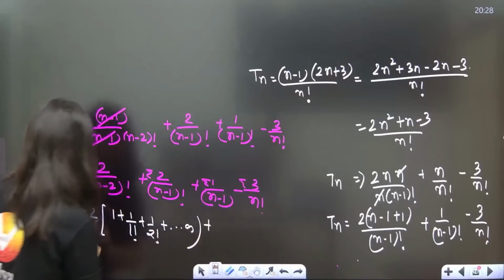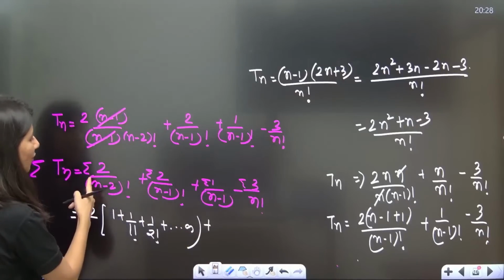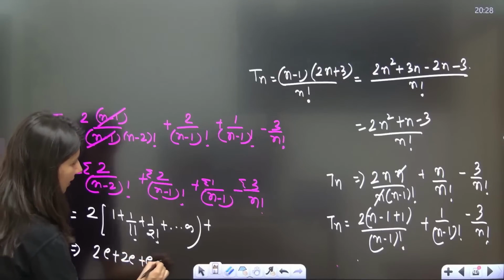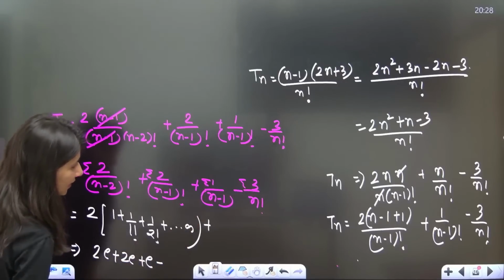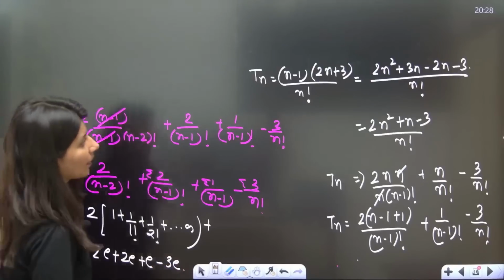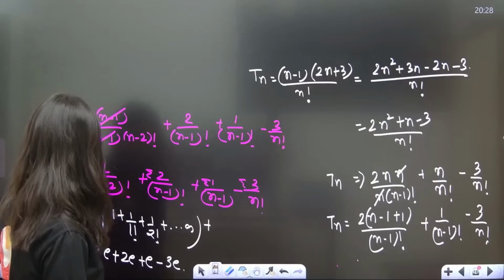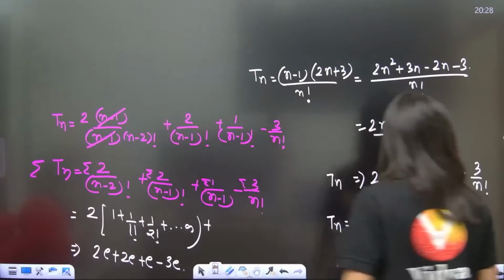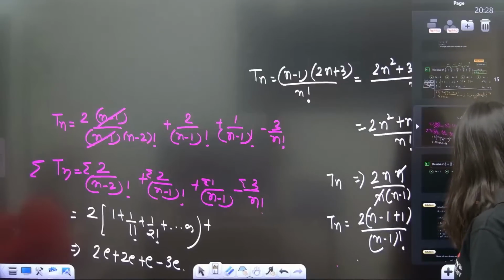So this is actually twice of e: 2e plus 2e plus e minus, what about this? This is your 3e. So the correct answer for this question is C. This is your Tn, correct?